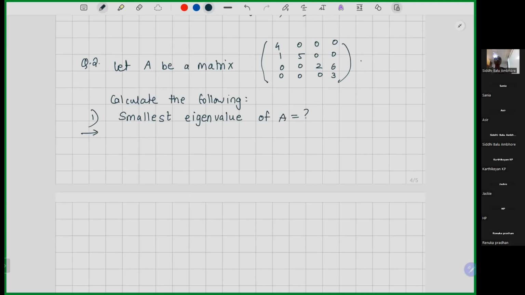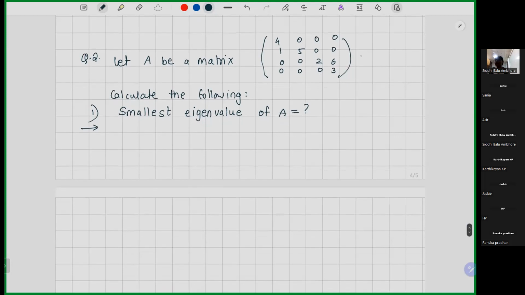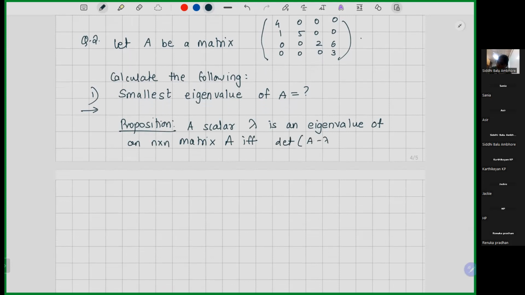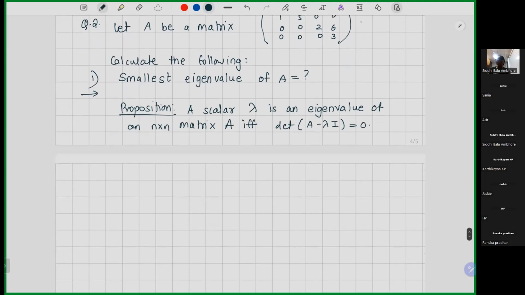So we are asked to calculate the eigenvalue of this matrix A, and we have this proposition, proved in the lecture, that a scalar lambda is an eigenvalue of an n cross n matrix A if and only if the determinant of A minus lambda I is 0.